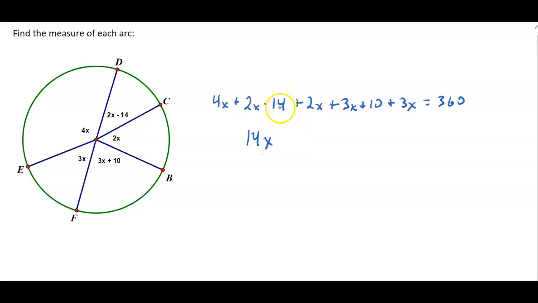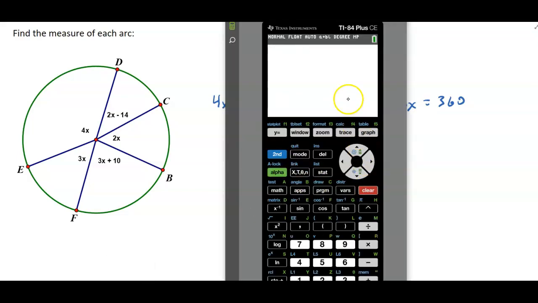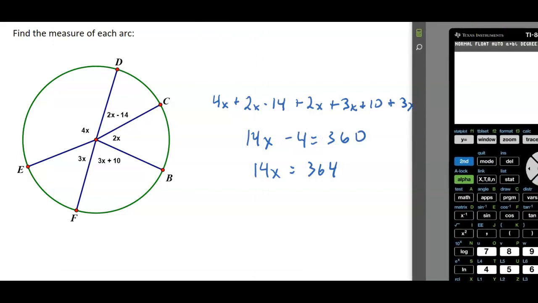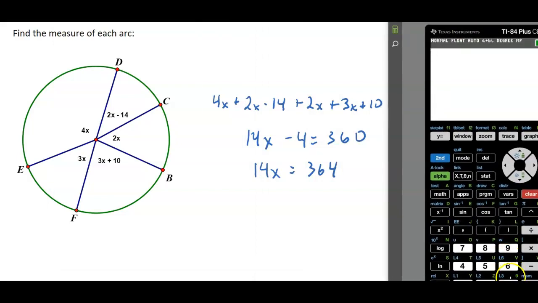Then minus 14 plus 10 is negative 4, and that equals 360. So 14x equals 364, and I'll use my calculator here. 364 divided by 14, so x is 26.